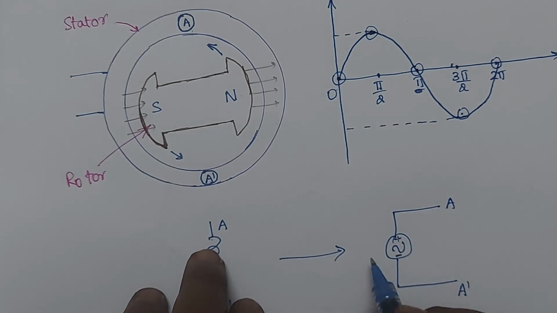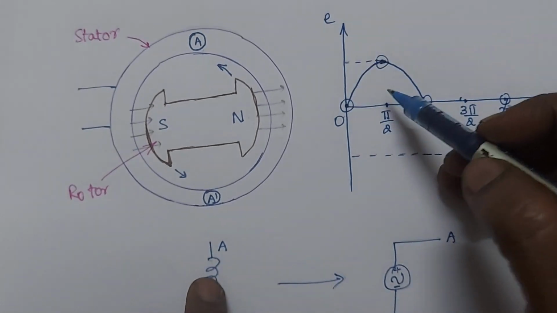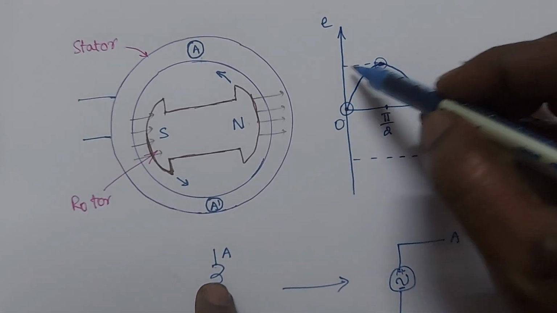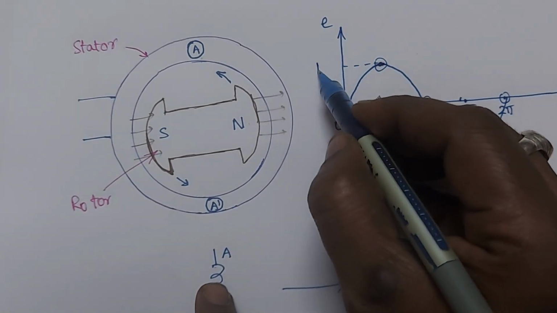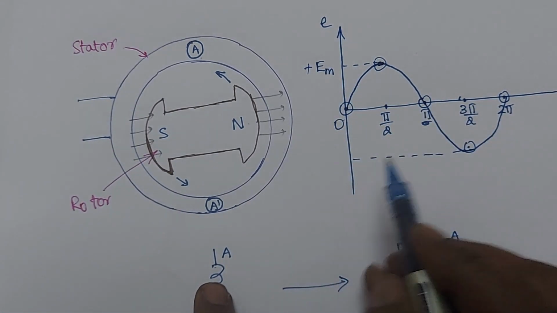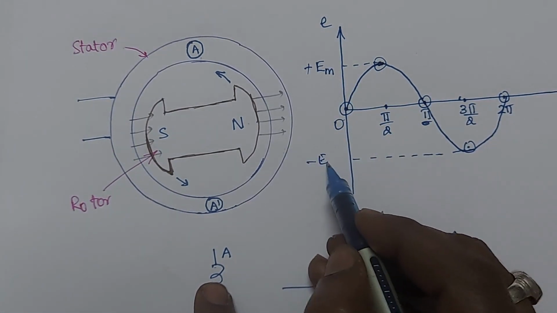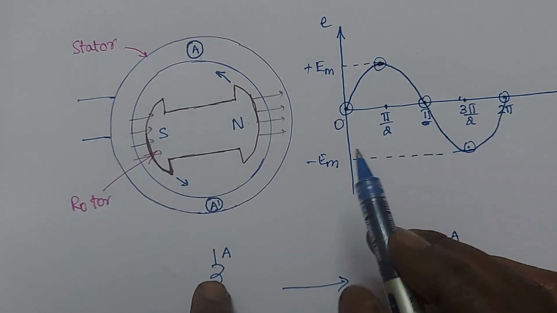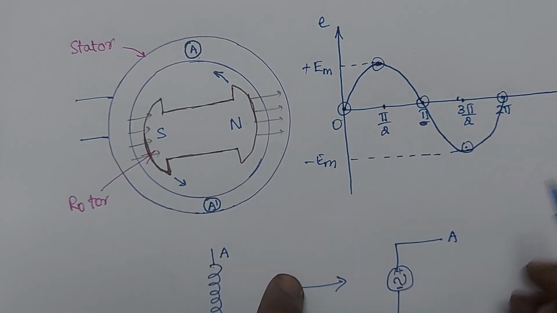So whatever be the value here, I am mentioning it as an RMS value. So how will this RMS value be there? This is a maximum value, E max, this is plus E max, and this is minus E max. So what is the RMS value for this sinusoidal waveform?